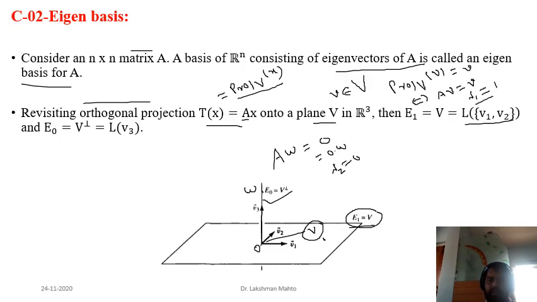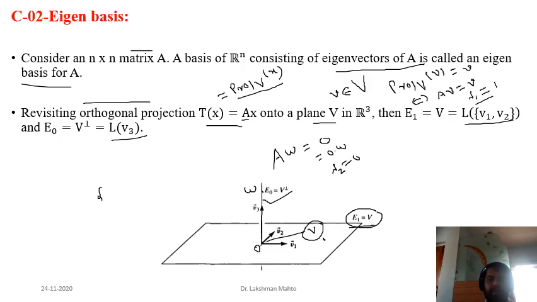And what is V perp? V perp is a line perpendicular to this plane. A line has a single direction, so suppose V3 is the basis of this line V perp. Now we have three different vectors, and we concatenate these three together.